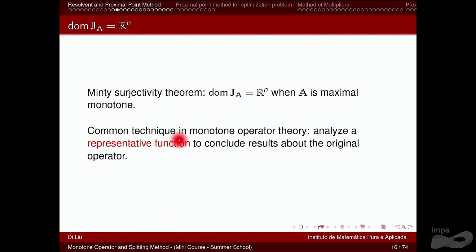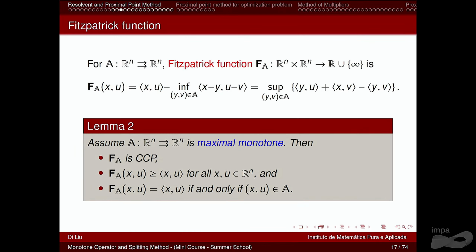We get a conclusion about this representative function, then we derive this result to the corresponding original operator. So we need to establish the relation between the maximal monotone operator and its corresponding representative function. The function is called the Fitzpatrick function, denoted by F_A.